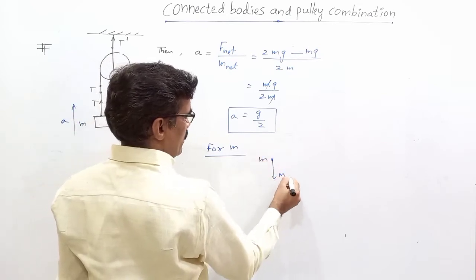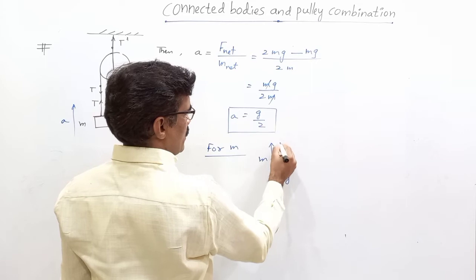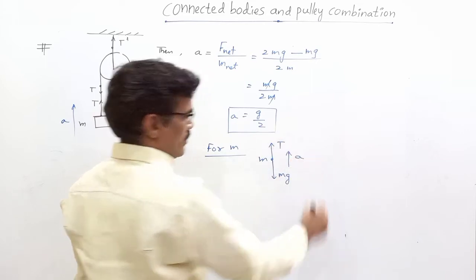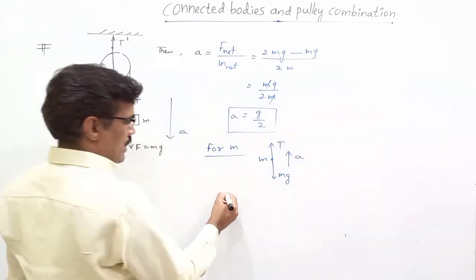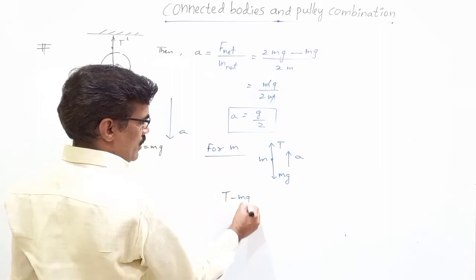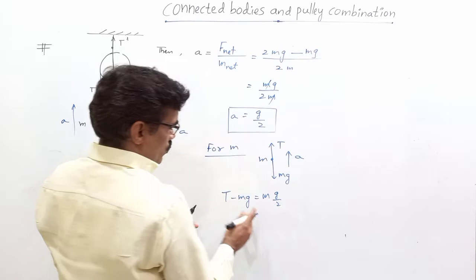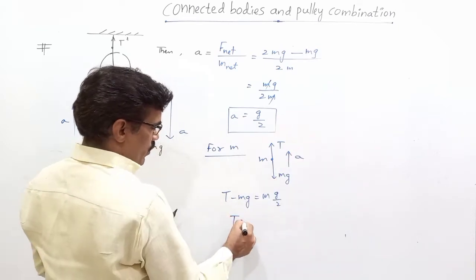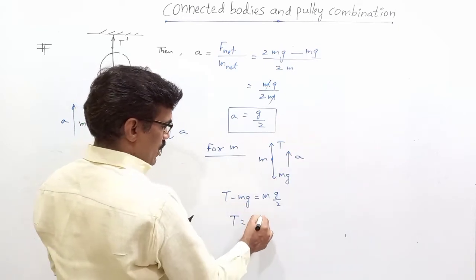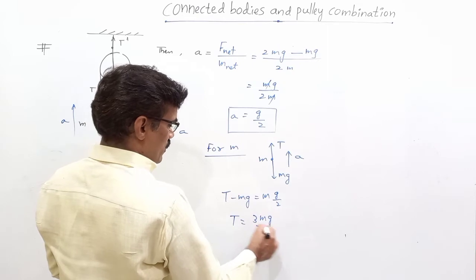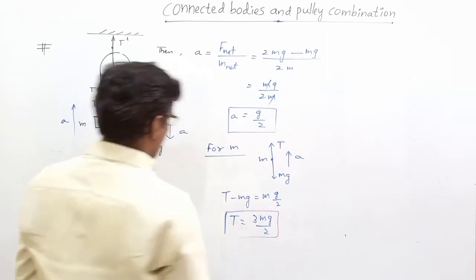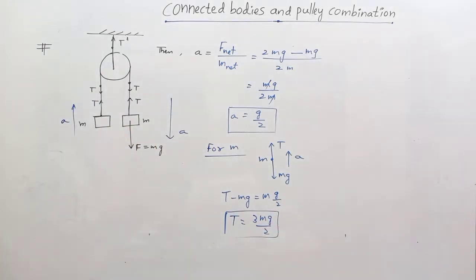One is its weight, another is tension in the string. But it moves in the upward direction. Therefore T minus mg equals m into A, which means g by 2. So mg taken to that side. Therefore mg plus mg by 2, that is 3mg by 2, is the tension in the string connected between the blocks.